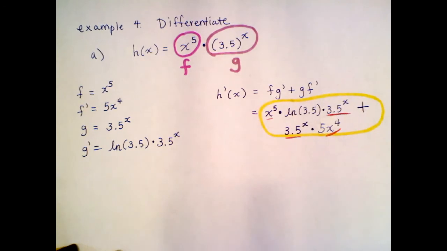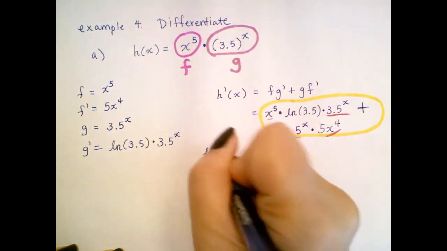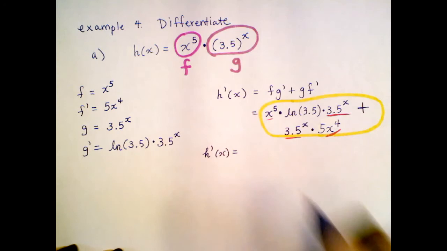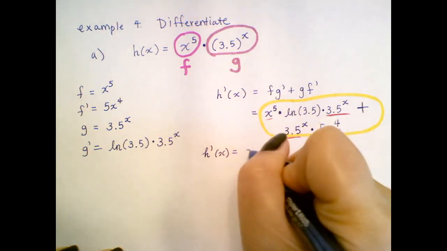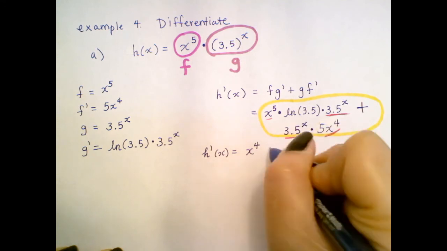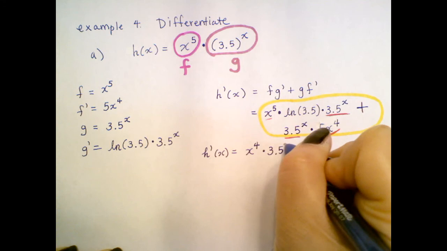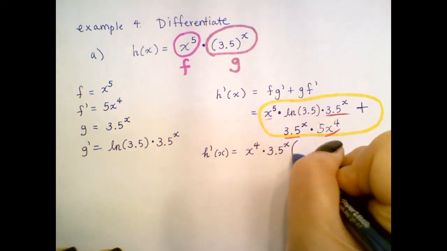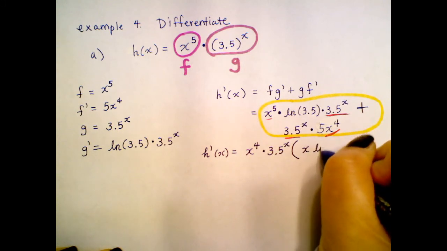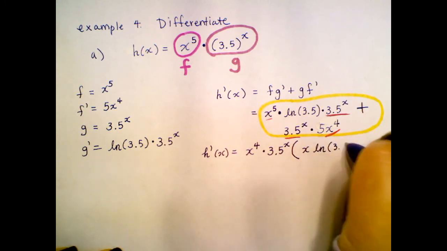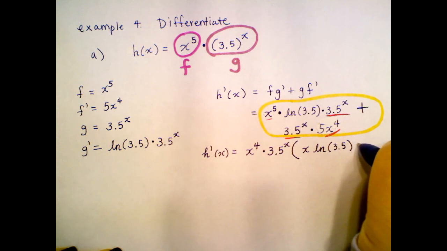So just because I want to do something more, not that we need to, I can factor out x to the 4th power times 3.5 to the x. I can open the parentheses and have x ln 3.5 plus 5.